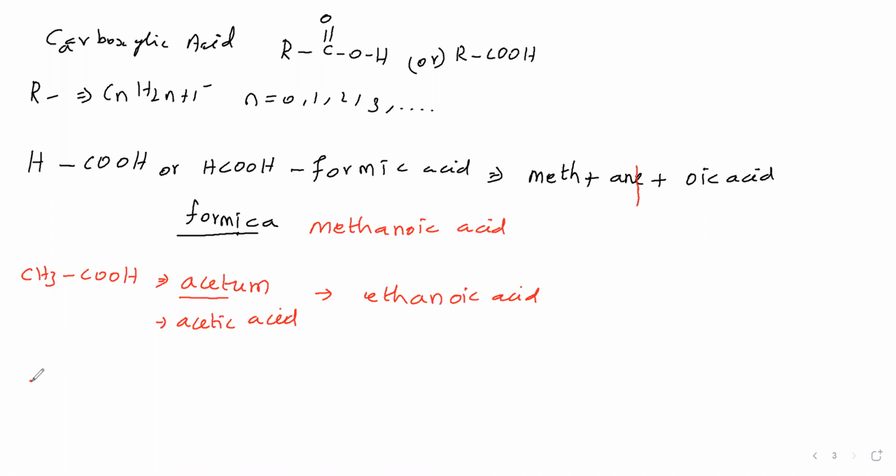Next compound we will take: CH3, CH2, COOH. For this compound, we will see the IUPAC name. Here 3 carbon atoms are there, therefore prop, primary suffix en, secondary suffix is oic acid. Generally, carboxylic acids will be at the terminal, so the carboxylic carbon is at first position.